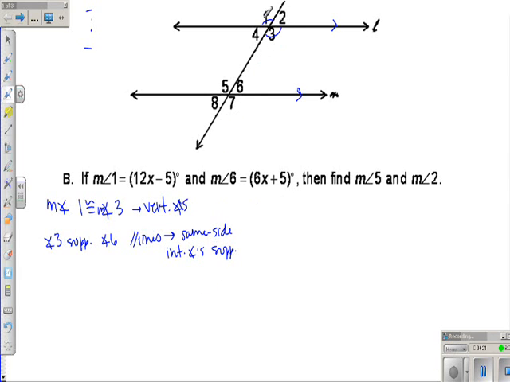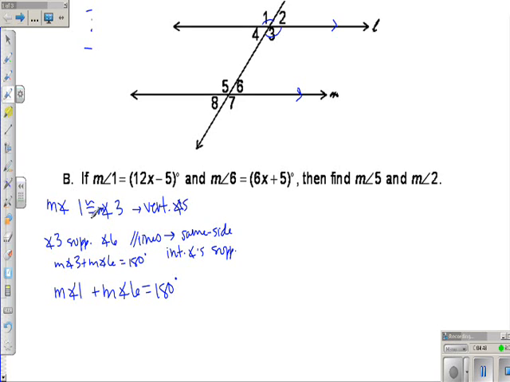So you now know that if 1 is congruent to 3 and 3 is supplementary to 6, then the measure of angle 1 plus the measure of angle 6 is going to equal 180 degrees, okay, because of substitution. Because if these two are supplementary, then you know that the measure of angle 3 plus the measure of angle 6 equals 180.